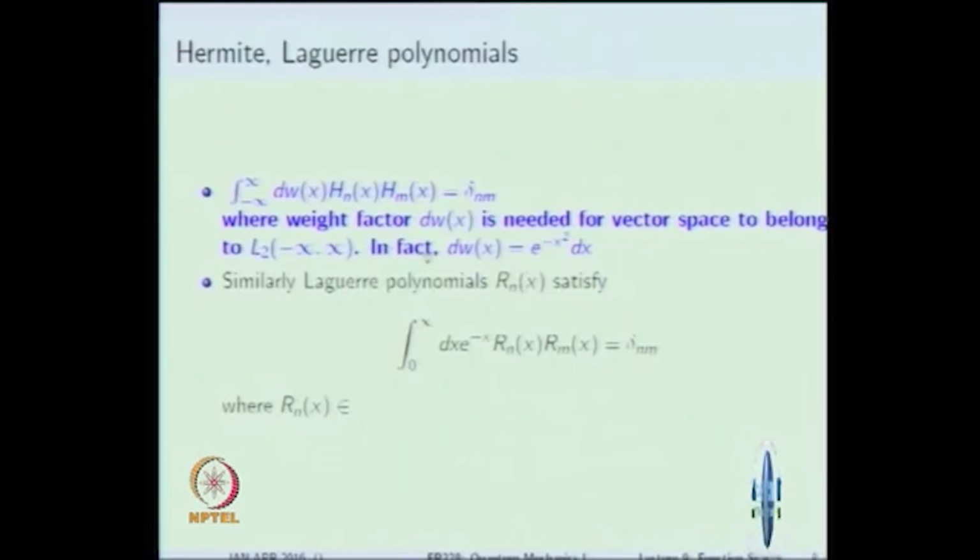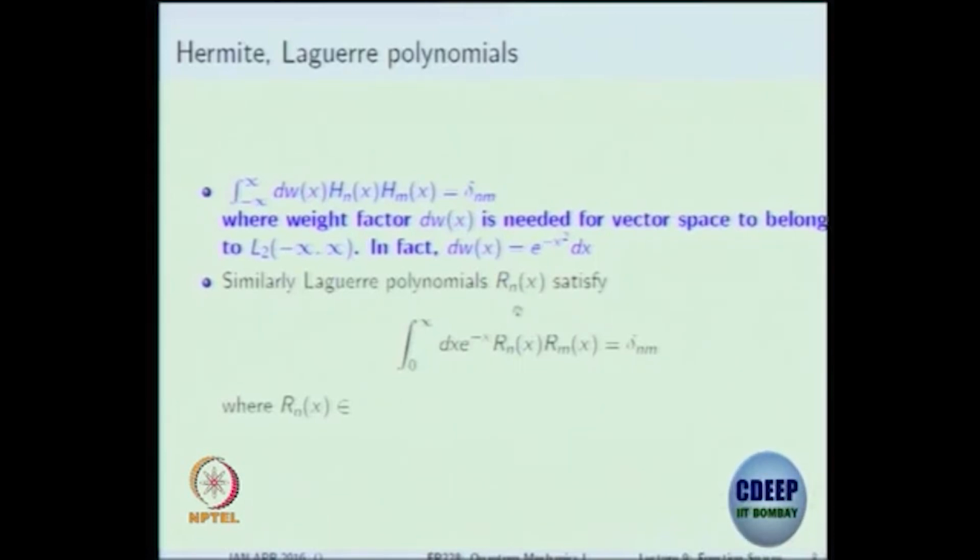You take this weight as e to the minus x squared dx. This orthogonality condition is with the weightage factor of e to the minus x squared dx, and this is very important. If it is from a to b, you don't need this weight factor, but if a and b are infinity, you need to be careful. You need to put a damping factor so that the square integrable condition is satisfied.